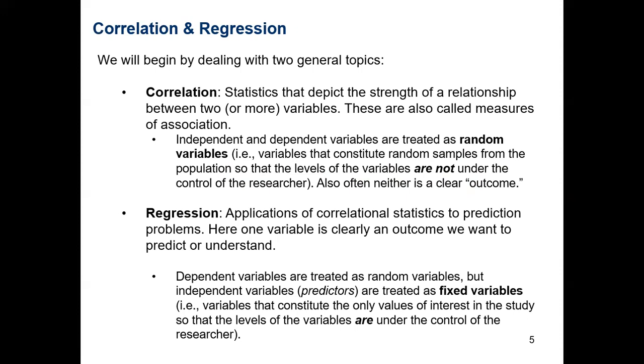The variables and the values of each variable are collected randomly. That's what it is. Then, correlation: I said that in correlation, one variable and the other variable are not specified as predictor and predicted outcome. It's just association, relationship.